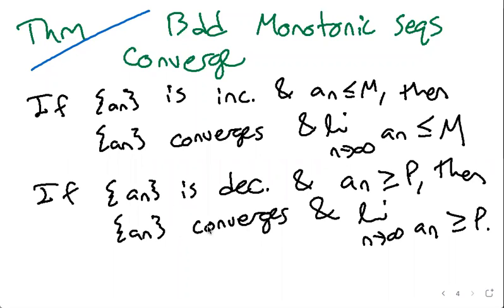Also, if a sub n is a decreasing sequence and p is a lower bound, again our sequence converges and the limit is greater than or equal to our lower bound. To put all of this together, if your sequence is bounded and monotonic, it must converge.